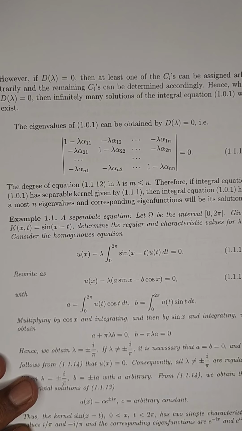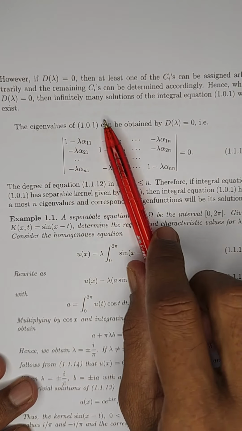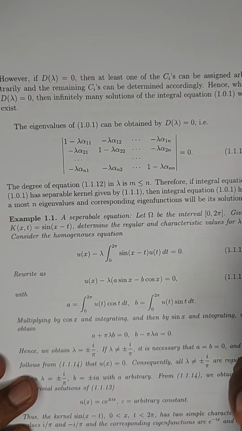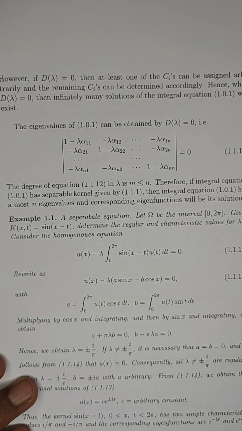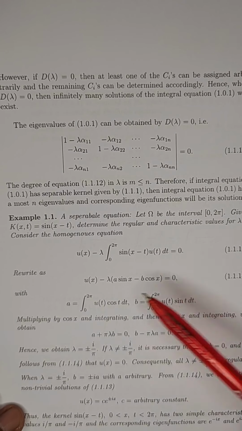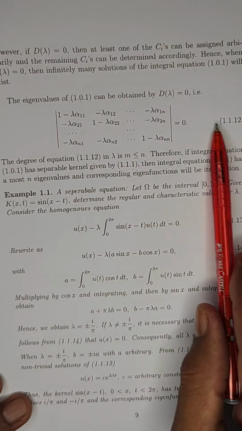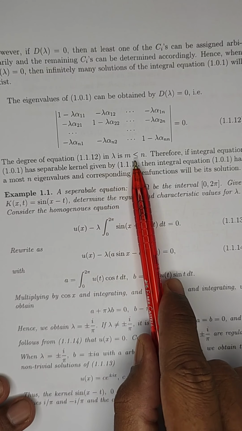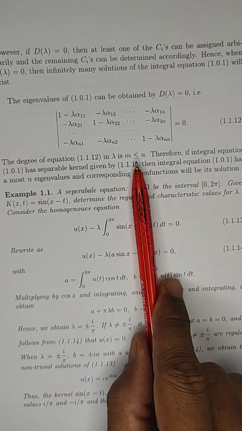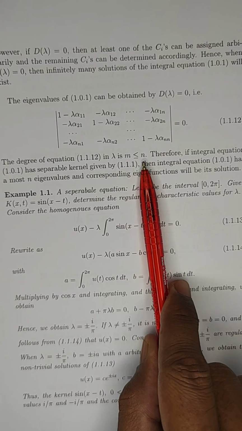And to find the eigenvalue, we want to find lambda. We just take the determinant equal to 0. Then we can find what lambda is. So the degree of the equation in lambda is m, which is less than or equal to n.